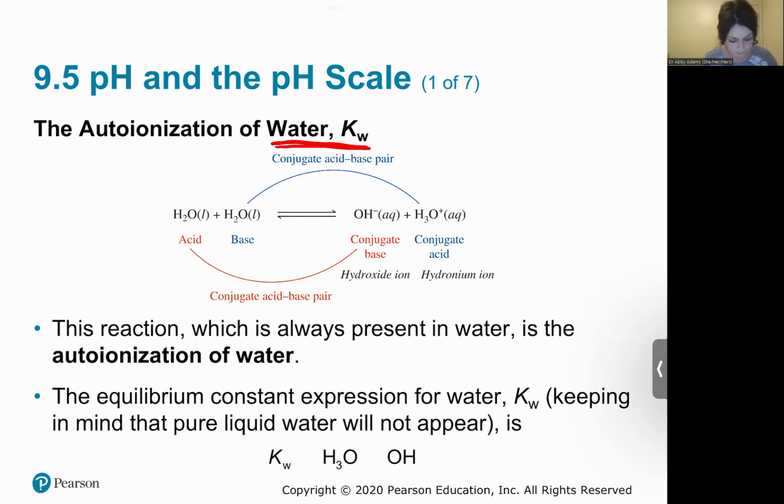Whenever water acts as a base, it picks up a proton and becomes a hydronium ion. Whenever it acts as an acid, it produces a hydroxide ion that is the conjugate base. So this reaction, which is always happening in water, is called the autoionization of water. The equilibrium constant expression for water, KW, is going to be written out.